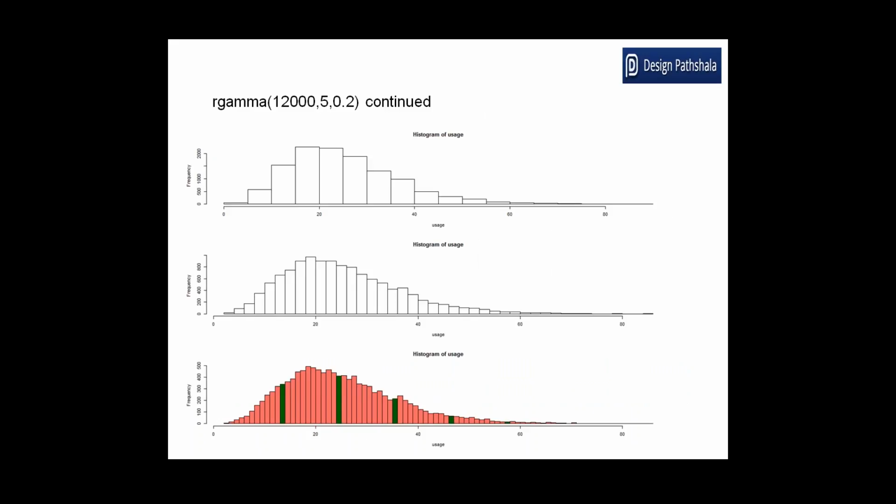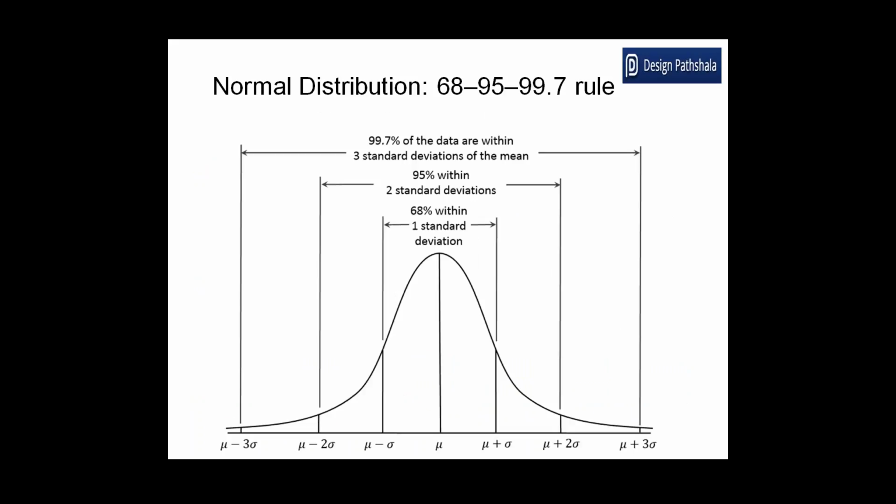Then we will draw various histograms within this bigger data set, and we are trying to see whether it is normally distributed or not. As we can see here, it is not. I'll tell you how to check that. Then there are normal distribution rules: what percentage of data lies within various segments of the normal distribution probability density function.